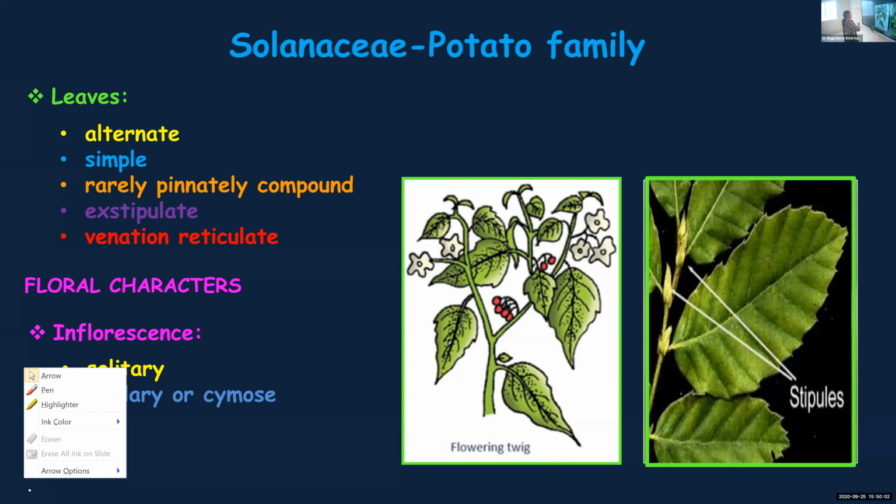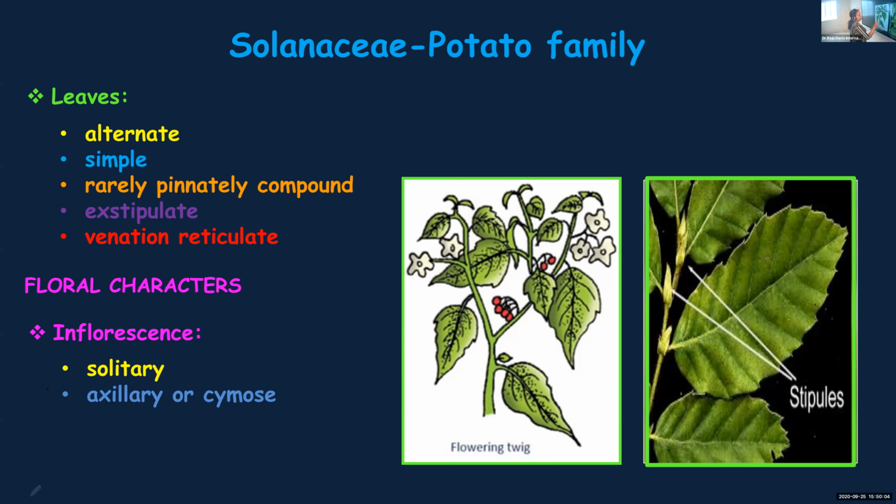This angle between the main stem and the branch is known as the axil, so the flower can arise from there. If the flower originates from the axil of the leaf, you call it axillary. Then it can even be cymose inflorescence.